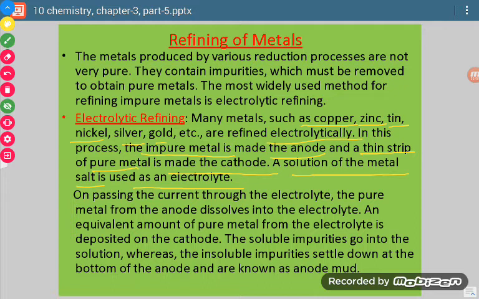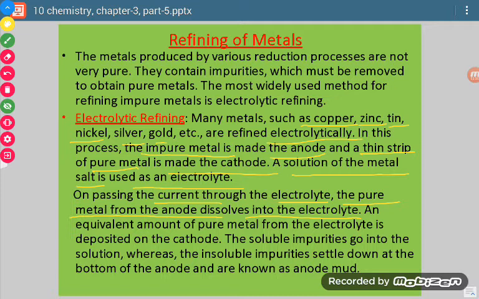Now what happens in this process? When we connect the whole apparatus and pass the current through the electrolyte, pure metal from the anode dissolves into the electrolyte. Metal atoms come from the impure rod made as anode and get dissolved in the electrolyte.